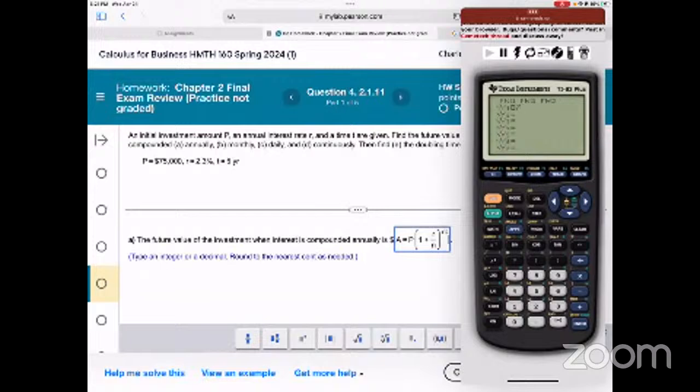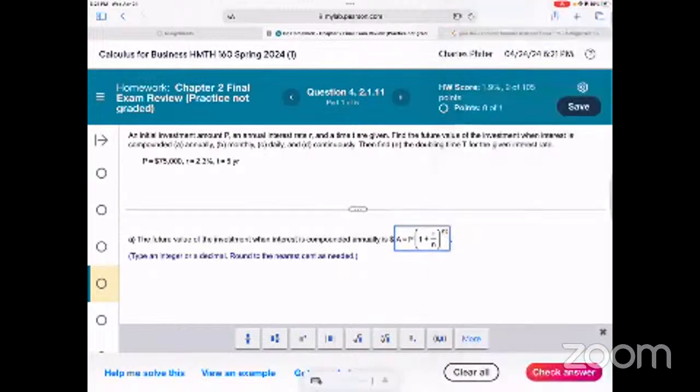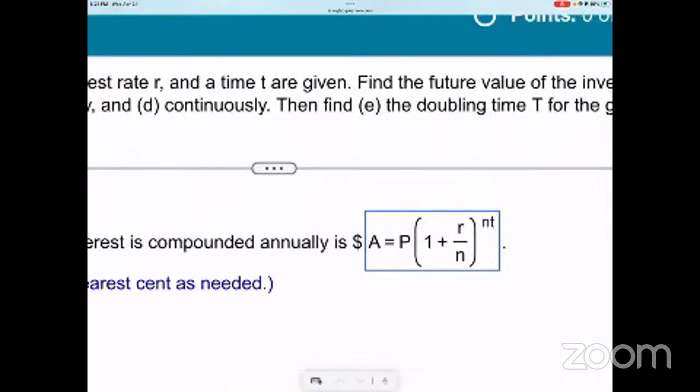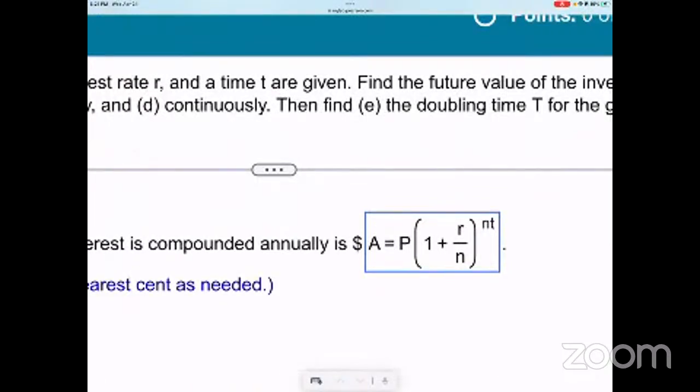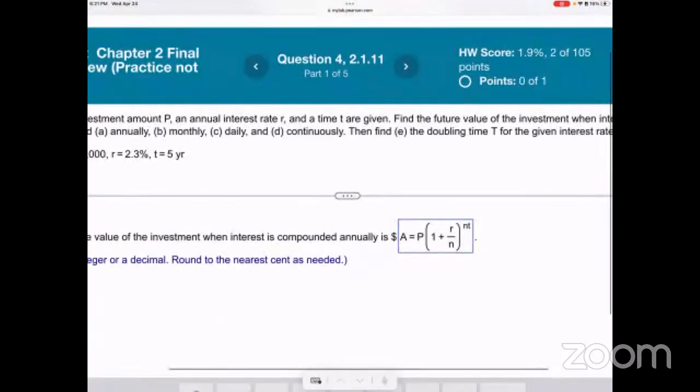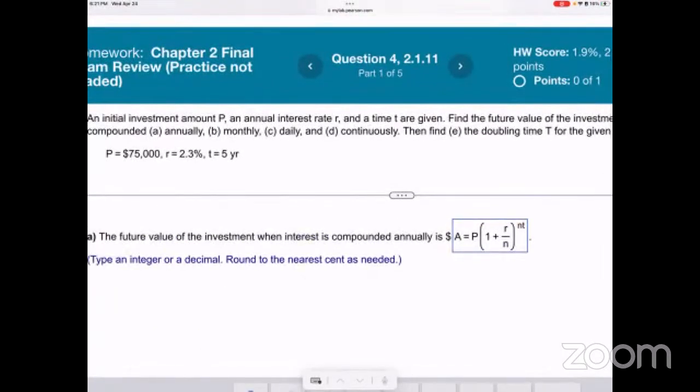I mean, I can, yeah, sure. All it is is the formula here, right? This formula, and they gave us the parts, right? So if you screenshot that formula, they gave us the principal. So the principal P is 75,000. R is 2.3%, so we have to convert that to a decimal. T is 5 for 5 years, and then N is going to change with each part.